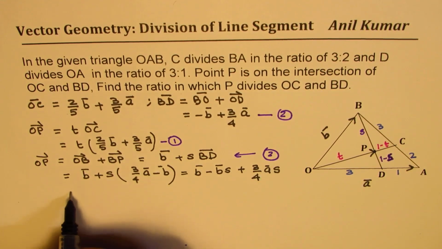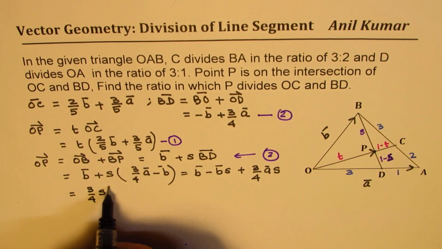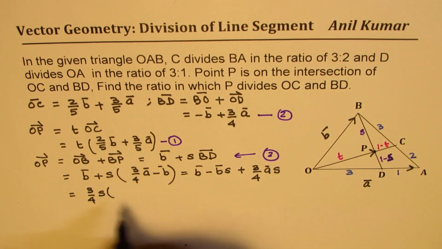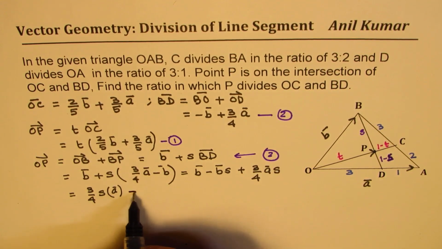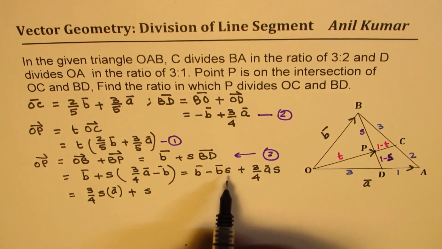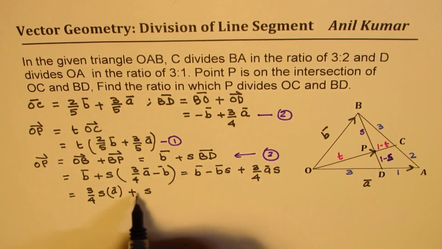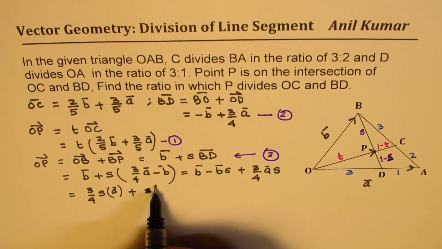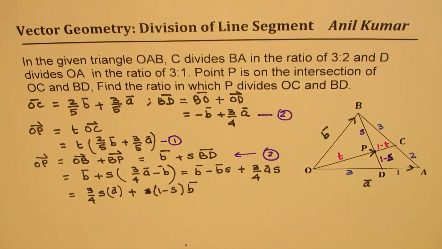So I could write this as 3 over 4 s times vector A, and we can take B common, we get 1 minus s. So 1 minus s times B. That's what we get here. Let's call this our equation number 3.